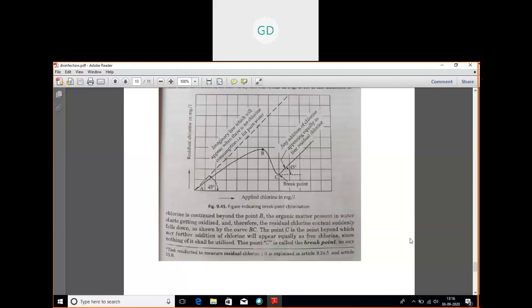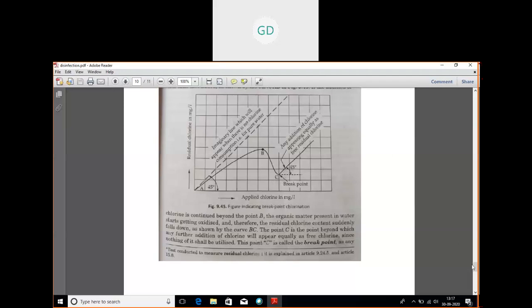It is the point beyond which any further chlorine you add will appear equally as free chlorine. That means beyond point C the curve has increased, so any further addition of chlorine will appear equally as free chlorine. And C is known as your breakpoint chlorination.